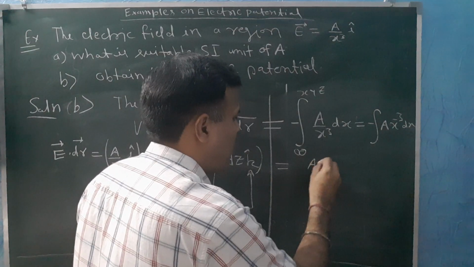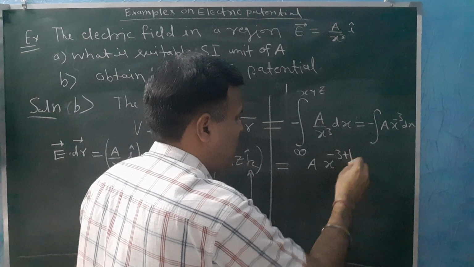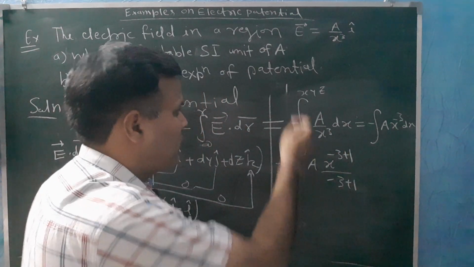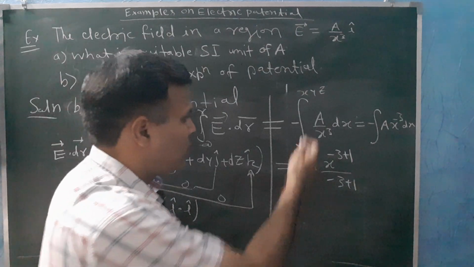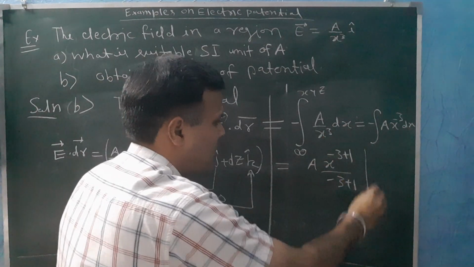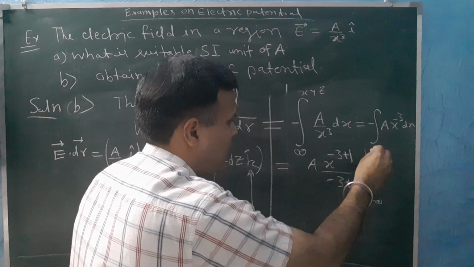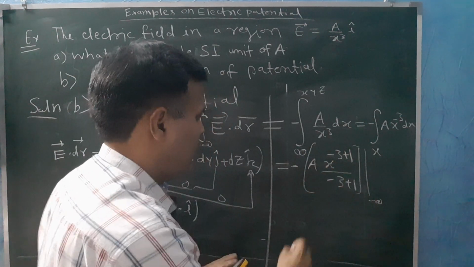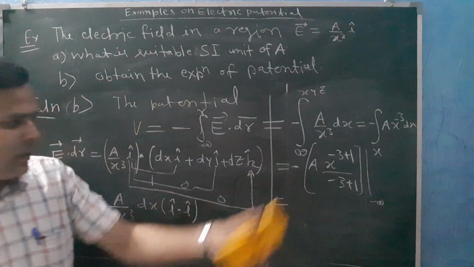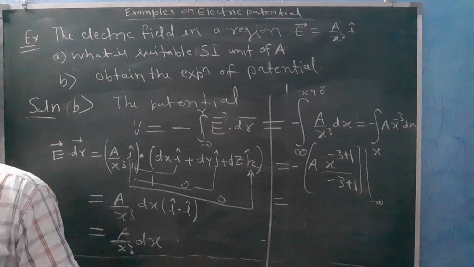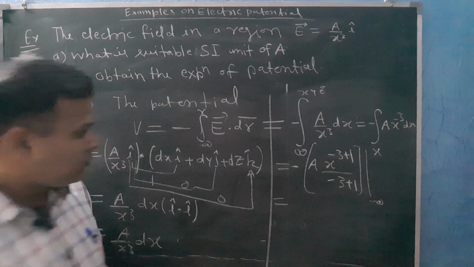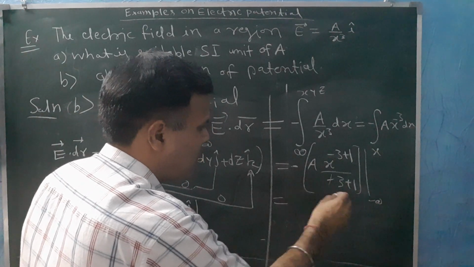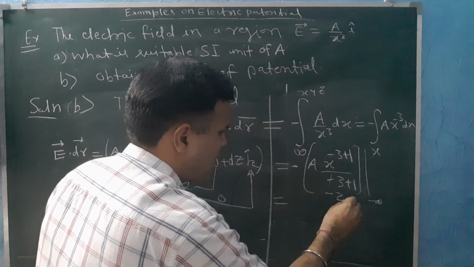So we have a power minus 3 plus 1 divided by minus 3 plus 1, with the limits from infinity to x, and we have a minus sign also. So we have simply minus 1 by 2, and minus minus will cancel out, and this gives minus 2.